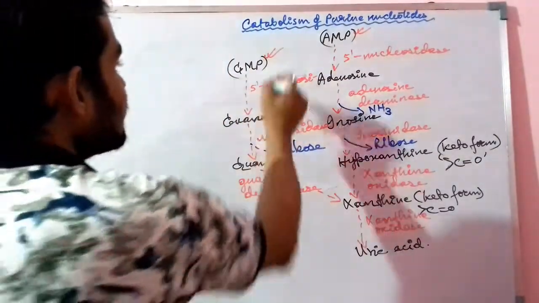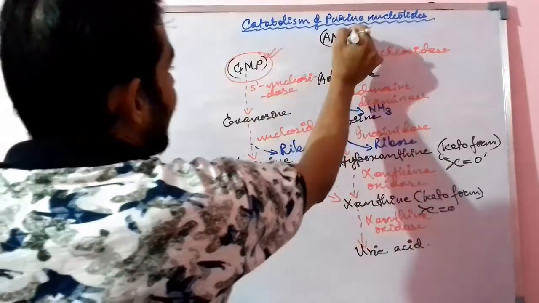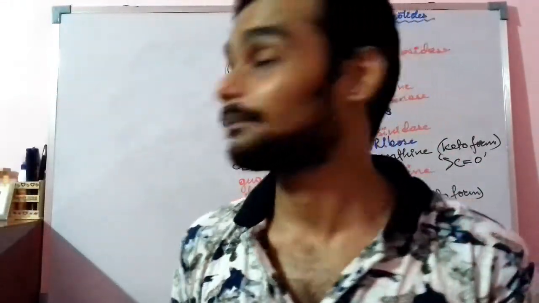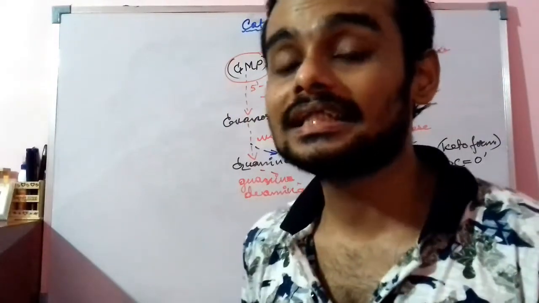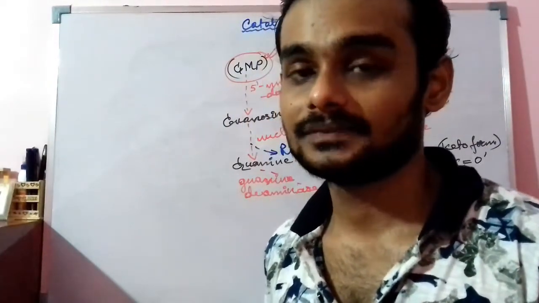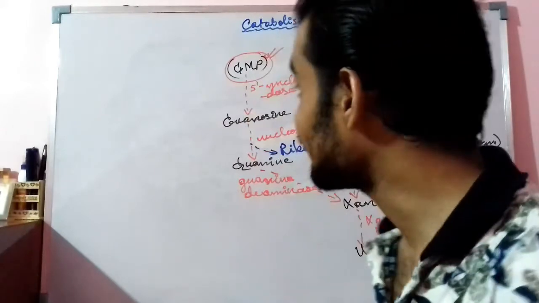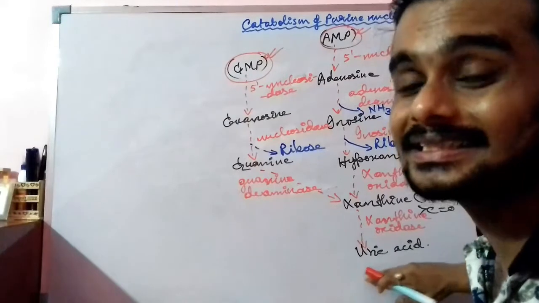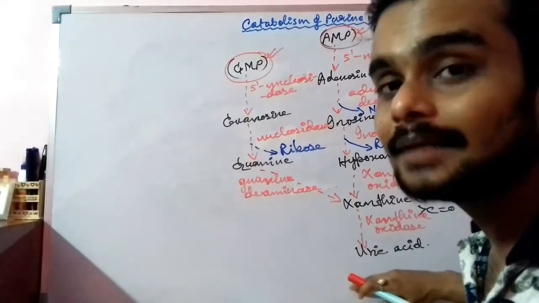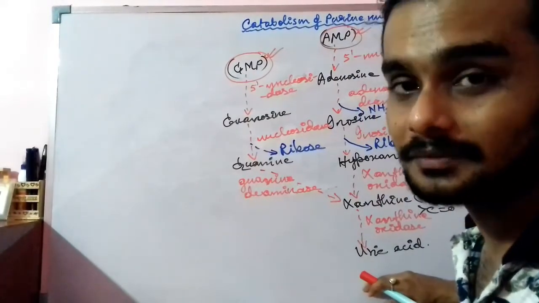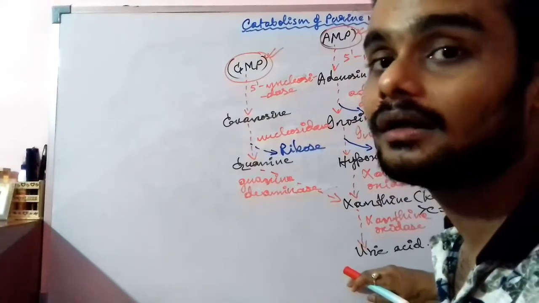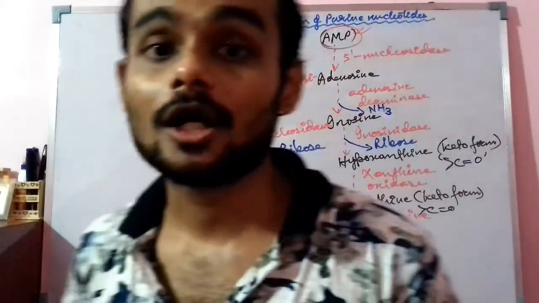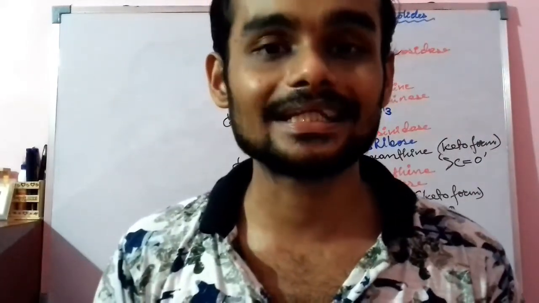Because as I told, when the concentration of the GMP and the AMP rises too high, the AMP and GMP need to be gotten rid of. In order to get rid of these two molecules, they are ultimately converted to waste, that is uric acid, which is deliberately removed out of the body with the help of urine or sweat, right? So this is how the catabolism of the purine nucleotides happens, both adenine and the guanine.